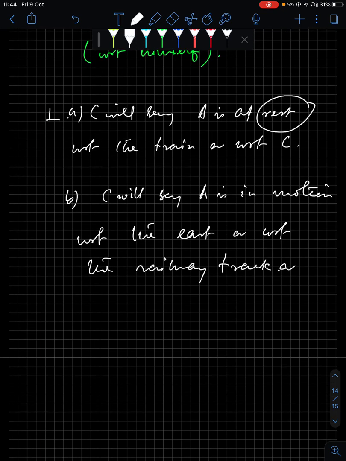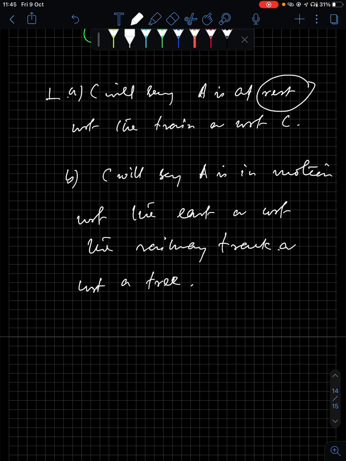Okay, or with respect to a tree passing by. In fact the tree doesn't pass by, but you pass by. So with respect to a tree surrounding or at a certain distance that you can see through the window. Okay, or with respect to a building even. So these could be the possible answers. Now if C wants to emphasize on motion, these could be the possible answers.